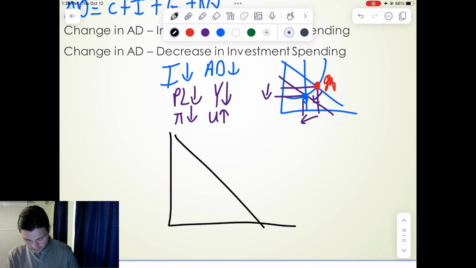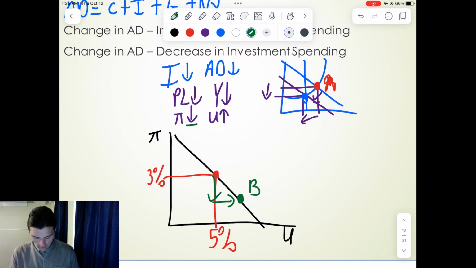You would have inflation, unemployment, point A, 3%, 5%. Inflation is going to be lower, unemployment is going to be higher, so this would be point B. So now you have 1% inflation and 7% unemployment.